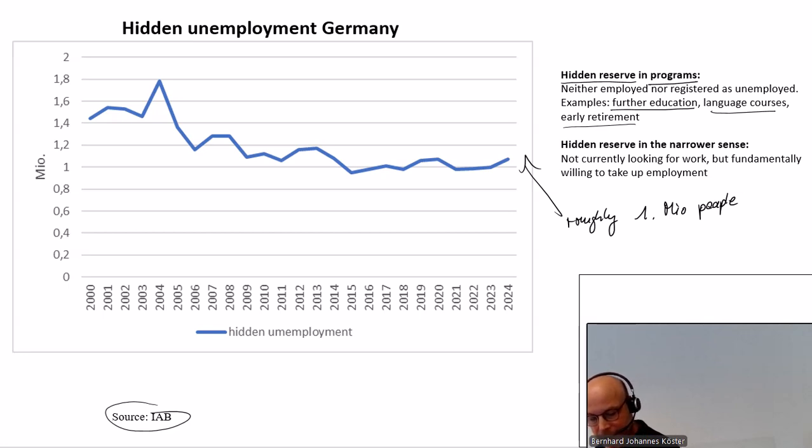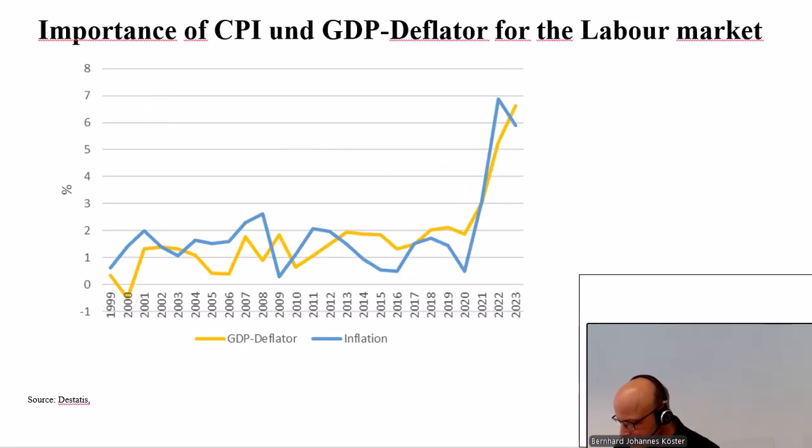And the other one is that here we have people which are not registered. Well, in general, they say they are in a period where they do not directly look for a job, but in the longer term they would in general take up a new job. And adding up these two components, again, we are at roughly 1 million people.